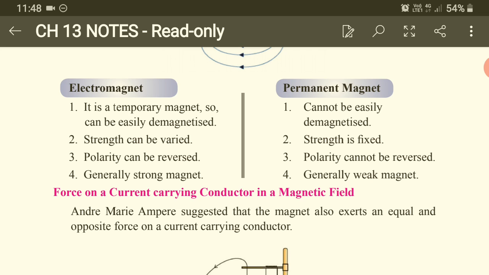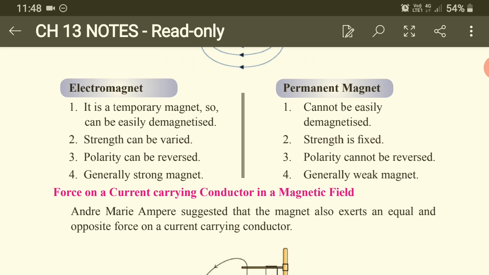But a permanent magnet cannot be easily demagnetized. They permanently have field lines around them. The strength of an electromagnet can be changed by increasing or decreasing the number of turns in the solenoid or by increasing or decreasing the current in it. But the strength of a permanent magnet cannot be changed, it remains fixed.